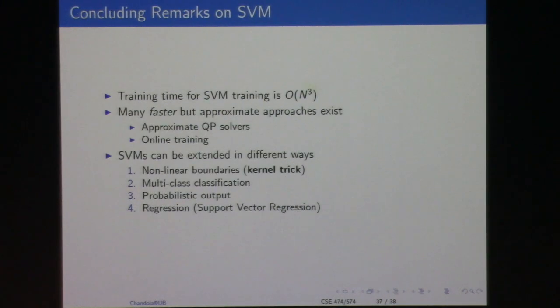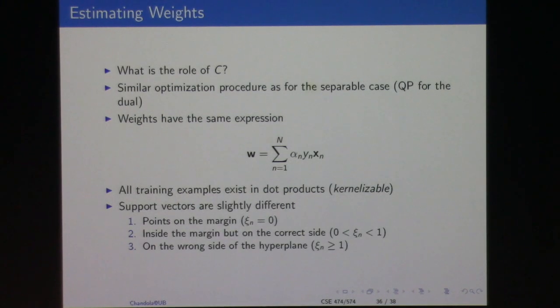So another thing that you can also see is, what is the role of C, right? So basically what C is doing here is it's trying to balance between how much error you are willing to concede versus how much margin you want to have, right? So it actually has the same effect as the regularization parameter. So regularization parameter lambda also balances between your training error and your complexity, right?